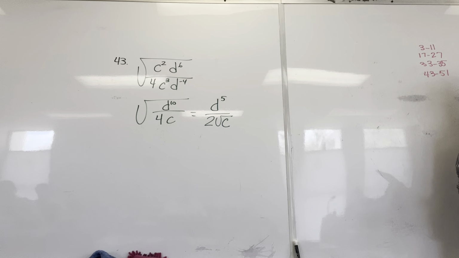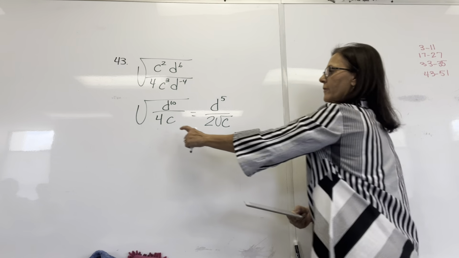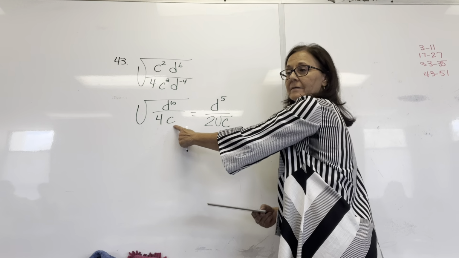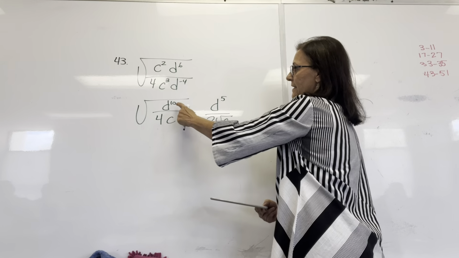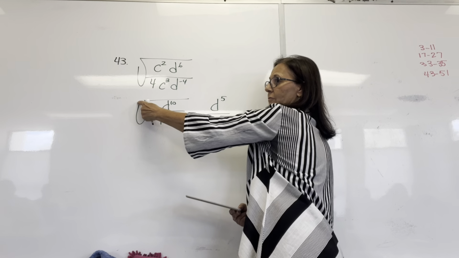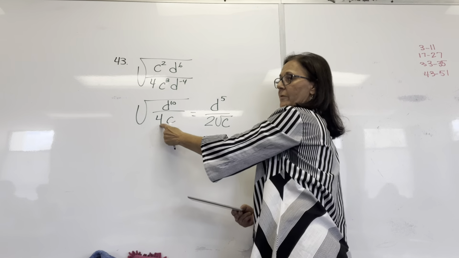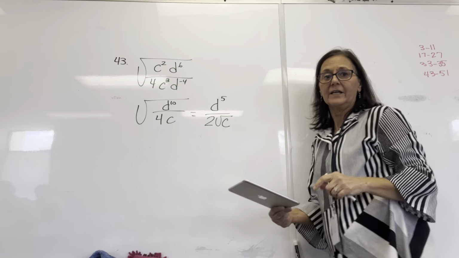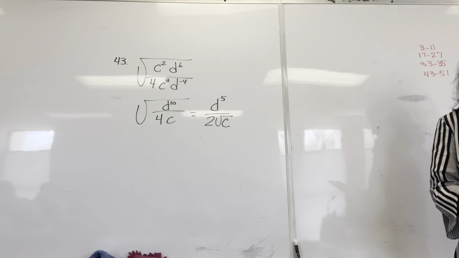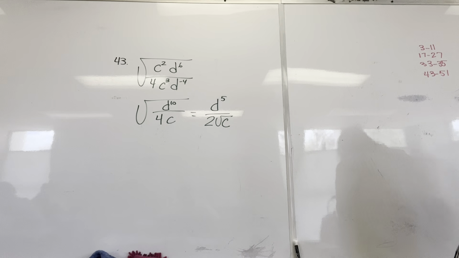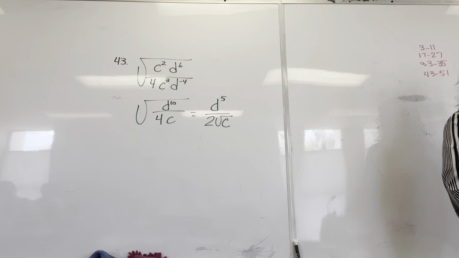So you divided the bottom by 2, I guess. Well, I did the square root of 4, the square root of C. It's 10 over 2. Oh, gotcha. That makes sense. This is the square root of 4, the square root of C. Everything goes back under that square root. Okay, y'all, 45 should take you not much time.